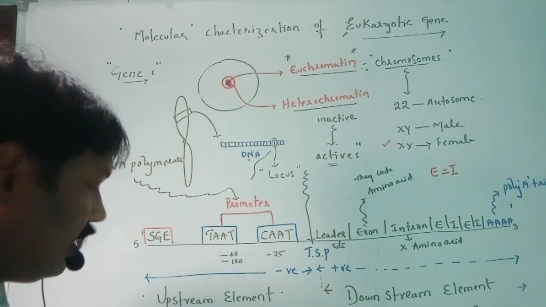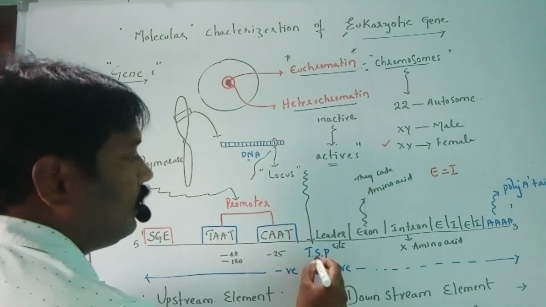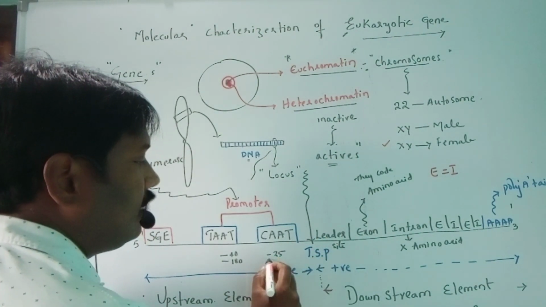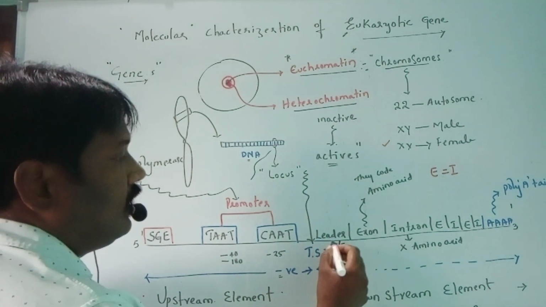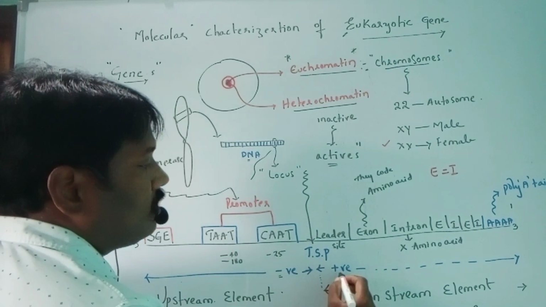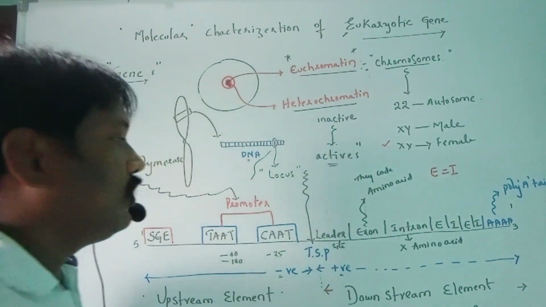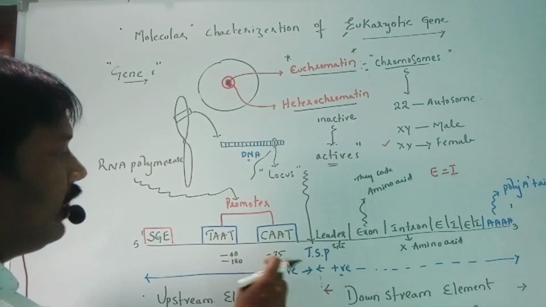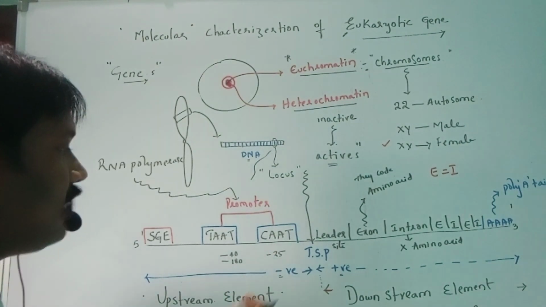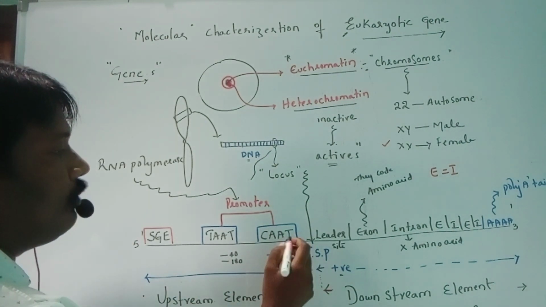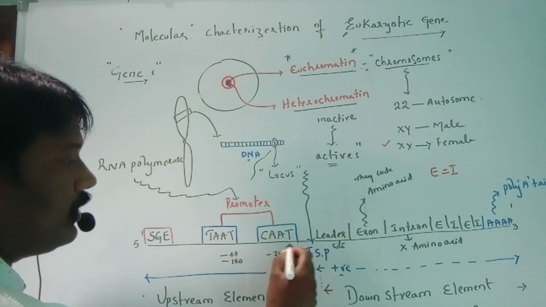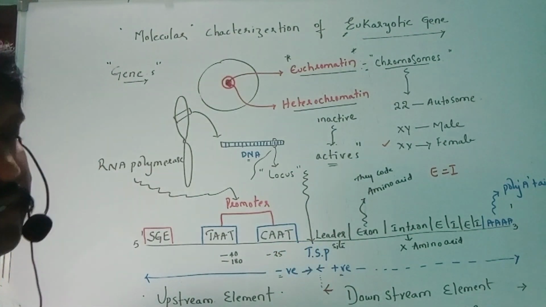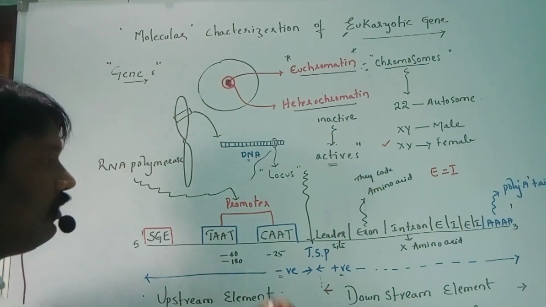Before the transcriptional start point, we indicate with a negative sign, whereas after the transcriptional start point we indicate with a positive sign. So minus 25 base pairs means that many nucleotides away. For example, 1, 2, 3, 4, 5, 6, 7, 8, 9 base pairs. The stretch of line is nothing but the arrangement of nucleotides.